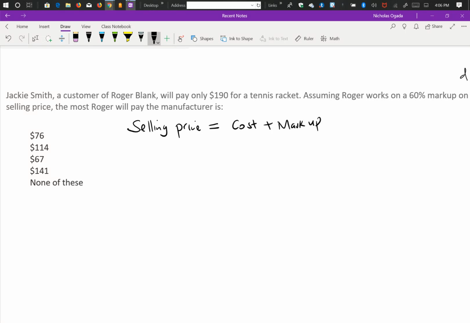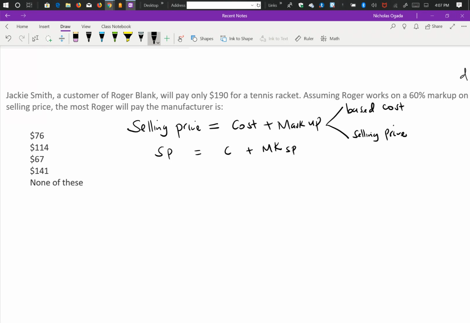And we know that this markup could be based on cost, or the markup could be based on selling price. So again, be careful what the question is asking and what the markup is based on. So in this example, what we know is we are given the markup that is based on selling price.